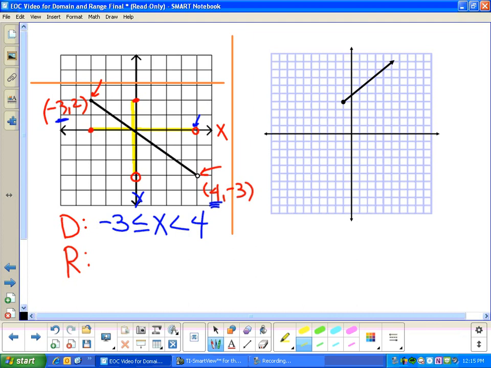What did I highlight on the y-axis? What's the lowest value that you see highlighted? Hopefully you see that it is negative 3. It's going to be just less than, because it's an open circle, it's not equal to. Range is y, which is less than or equal to my highest value, which is 2.